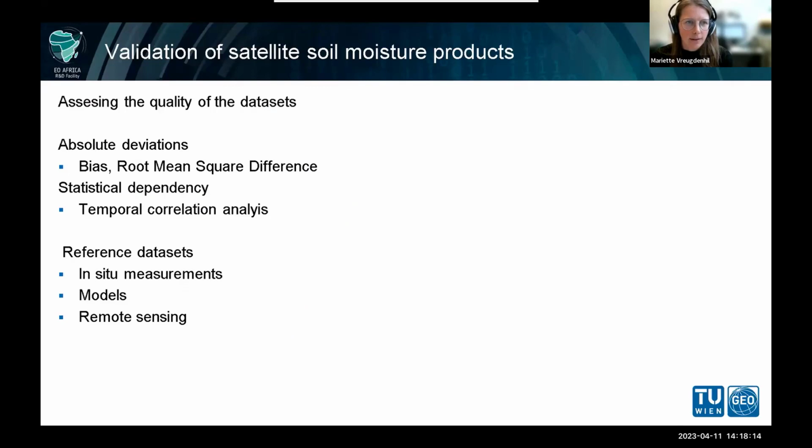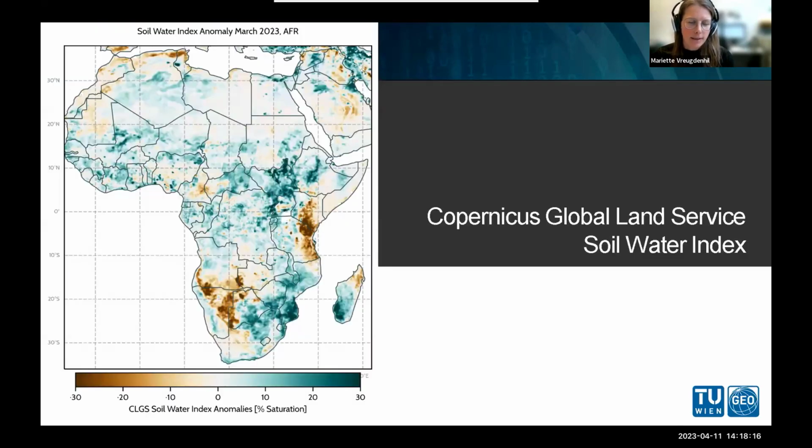Okay, so one thing to consider in soil moisture data sets is what kind of spatial resolution you need. Do you want to look very much in detail, or do you want to look at full continents? Because if you look at the full continent, you're not going to need data at 500 meter resolution.